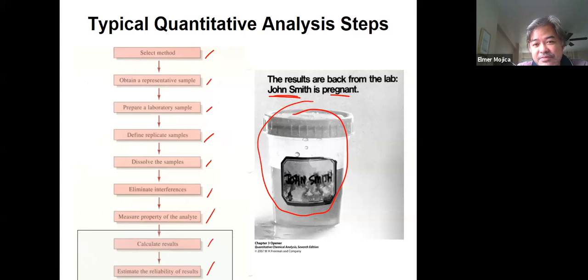Okay? So this is how you have to decide sometimes if the given results make sense or not at all. Like this one, right away you could say this is impossible. Now, what's the problem sometimes when you do analysis?